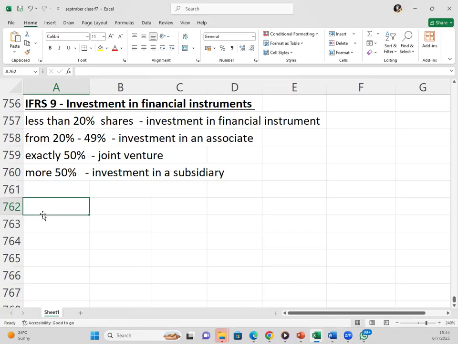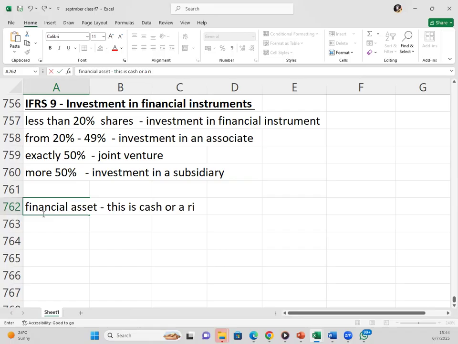Under the key terms that we are going to come across, the first key term is a financial asset. We can say this is a financial asset of the firm. What is a financial asset? A financial asset is either cash that you have or a right to receive cash.